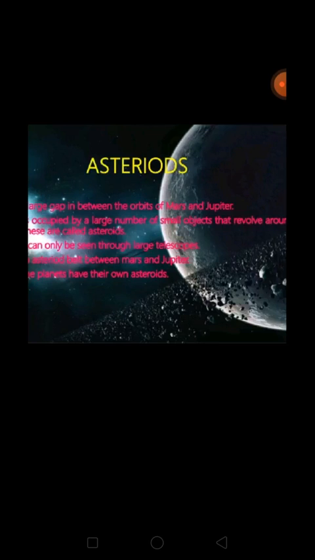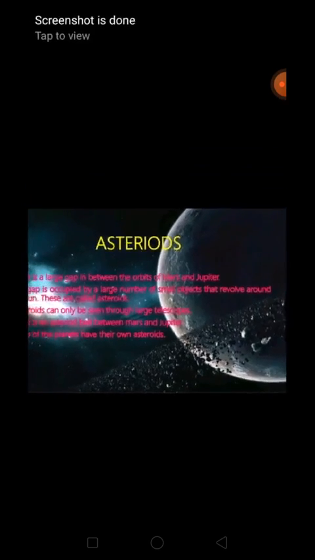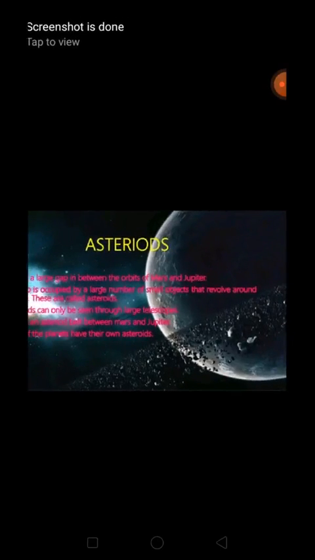The inside planets are known as terrestrial planets, whereas the members of the solar system present in the outer region of this asteroid belt are known as Jovian planets. In the gap between the orbits of Mars and Jupiter, we can see these types of small particles of rocks which are floating in space.